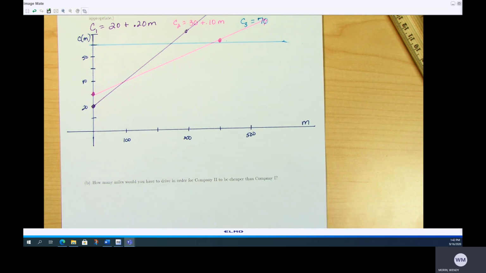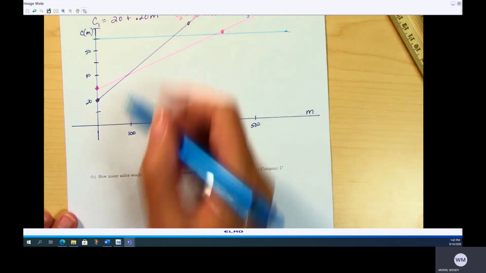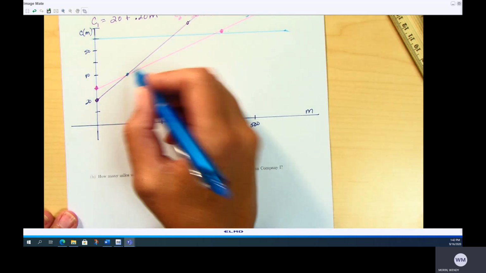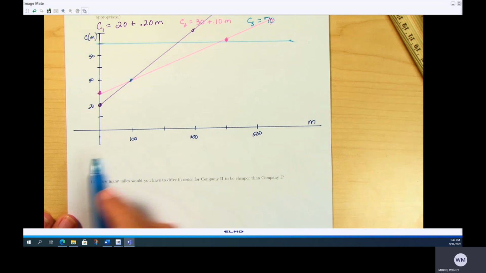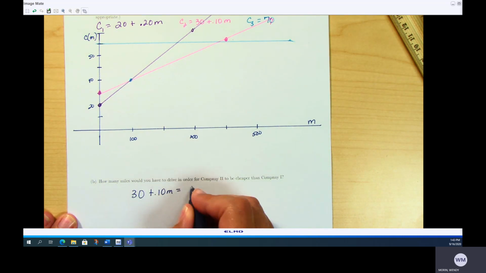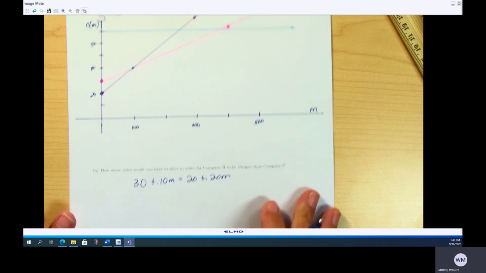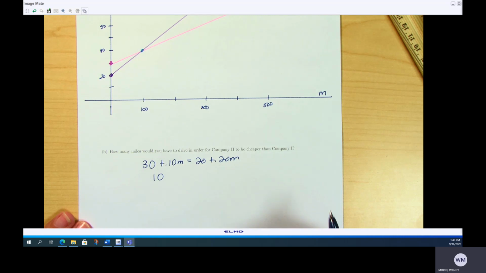Well, let's see when they're equal to each other. Let's find this intersection right here. What does it look like? About 100? Let's see if that's right. If we set company 2 equal to company 1, subtract 20 from both sides, you get 10.